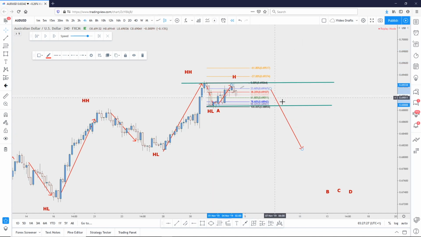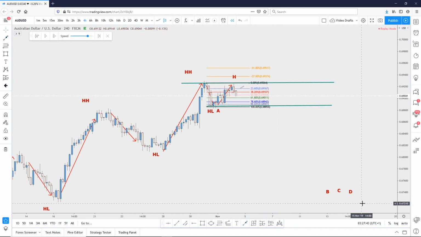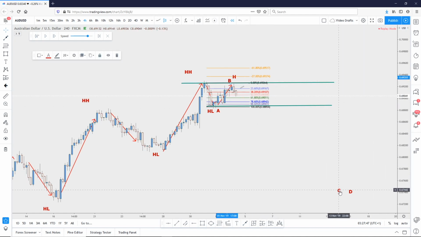And so this is where, let me get rid of this. So see, if price comes all the way back to 100%, see this? Point A is 100%. So it went from point A to point B. Let me draw in point B here. We're now expecting point C somewhere.